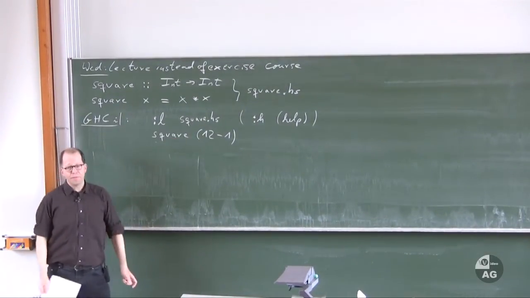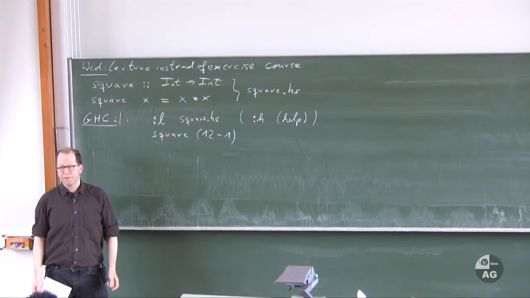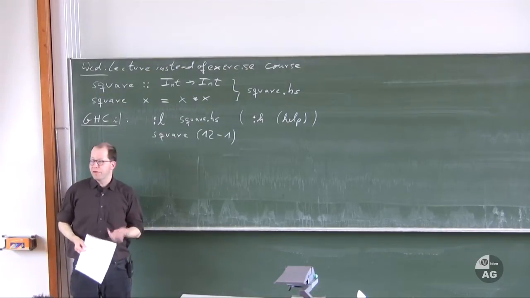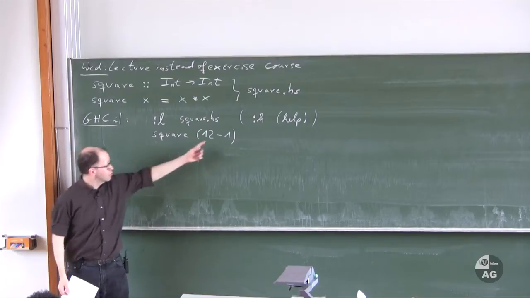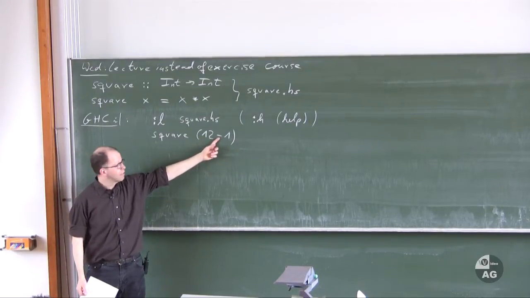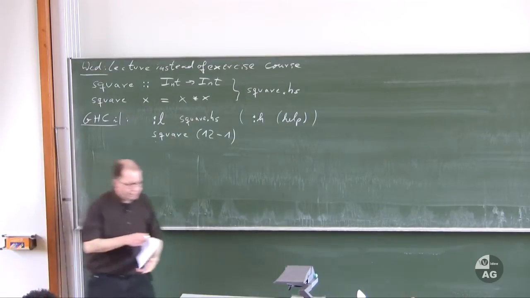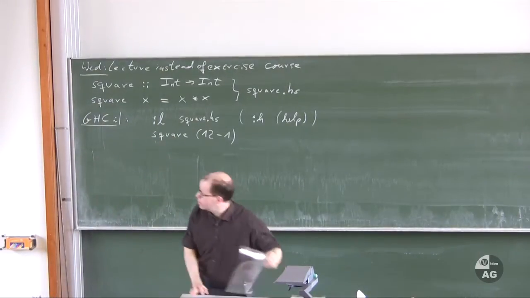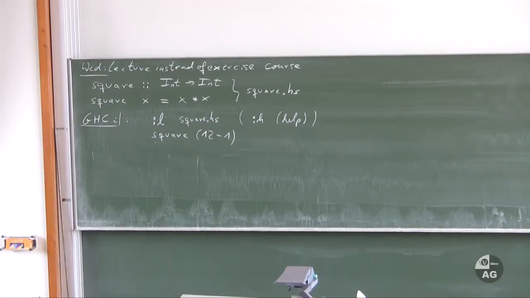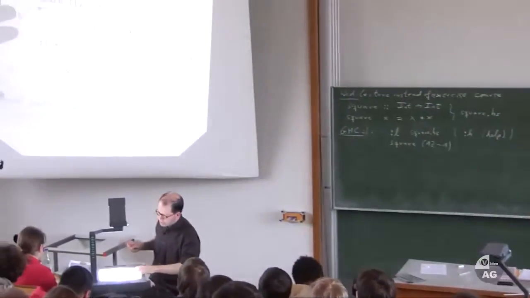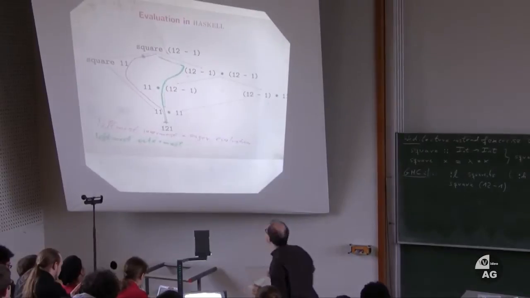Now, what happens if you type in square of 12 minus 1? It's not completely clear how to evaluate an expression like this, because you could start here and start evaluating minus, or you could start here and start evaluating square. So to look at all the possible evaluation sequences, I prepared this slide.